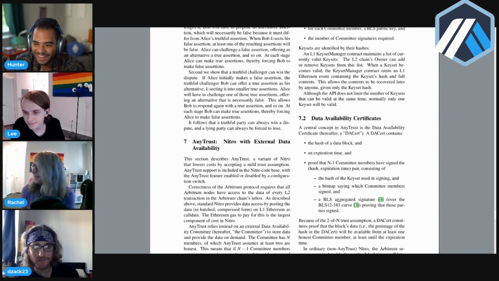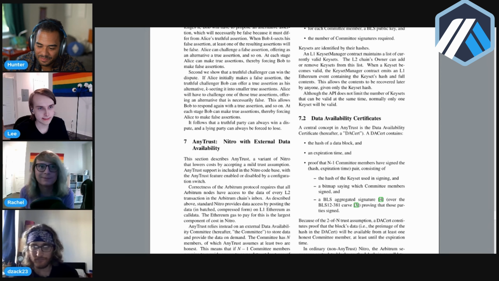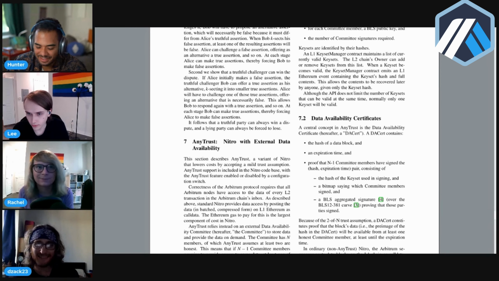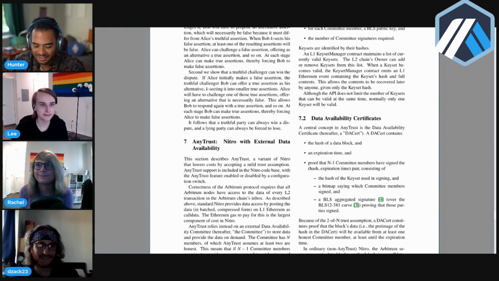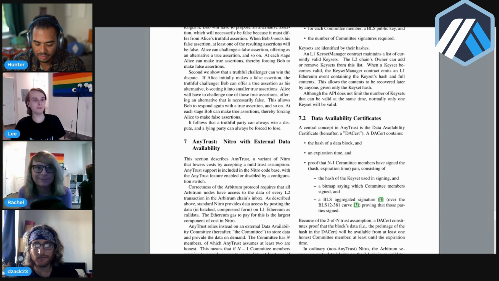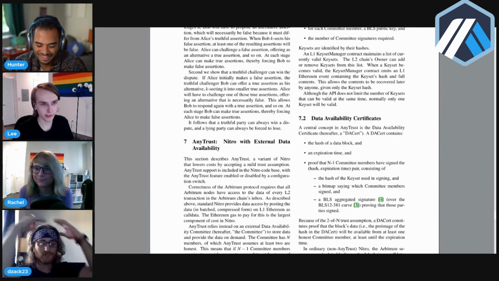Interesting. Yeah, so one of the things we are looking at is a fast sync functionality. Because when we confirm assertions on our layer 1 rollup, we also confirm block hashes.